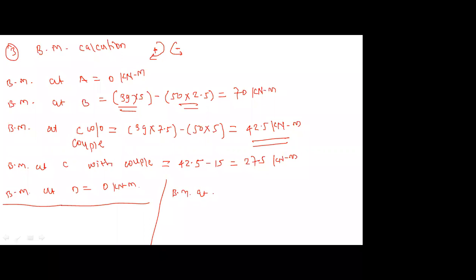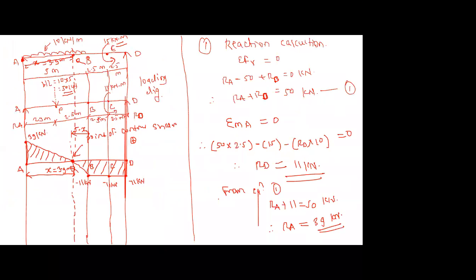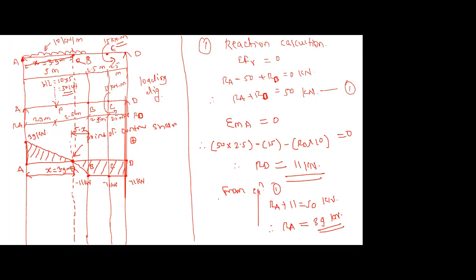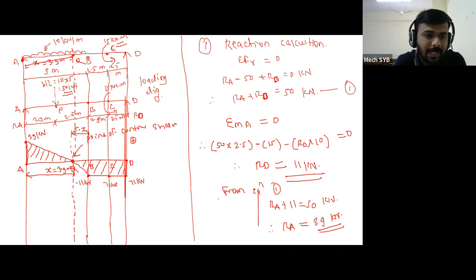BM at Q. Now, tell me, how many forces are present to the left side of the point Q? 2 forces. First, पहिला कुठला आहे? रिएक्शन RA. आणि दुसरा फोर्स कुठला आहे सांगा मला?